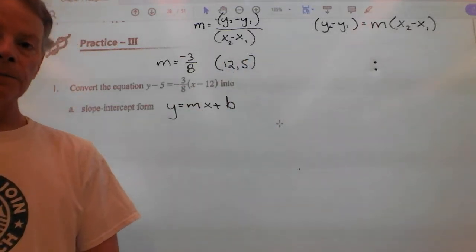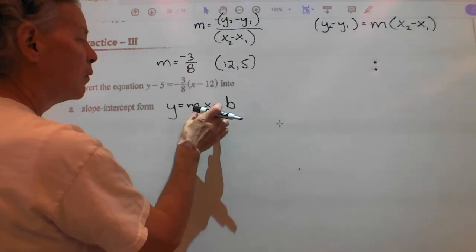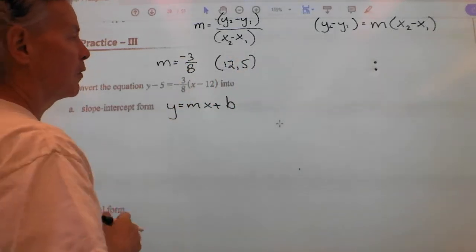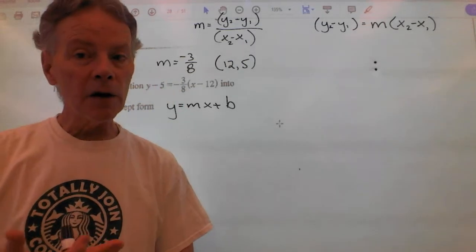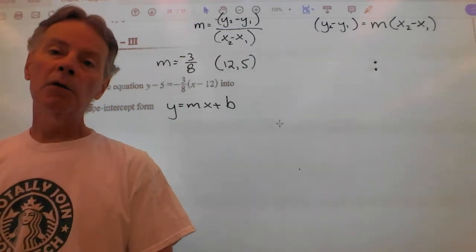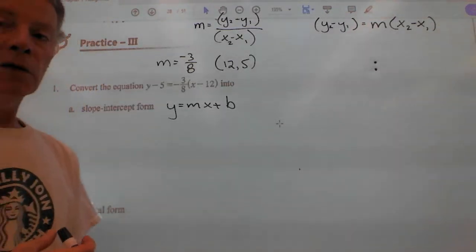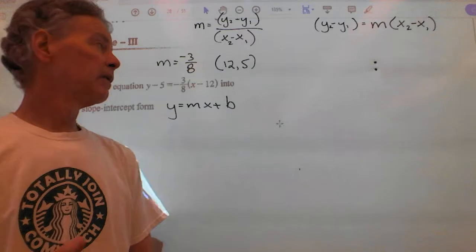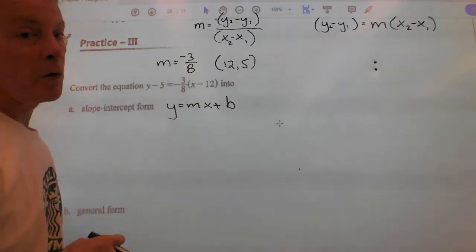Okay? So, we know the slope, we know one point, we want to rearrange it into this form. And we have a fraction here that's going to cause us grief a little bit later, but for now, I want you to get used to going through the same series of steps to simplify an equation that's in slope point form.